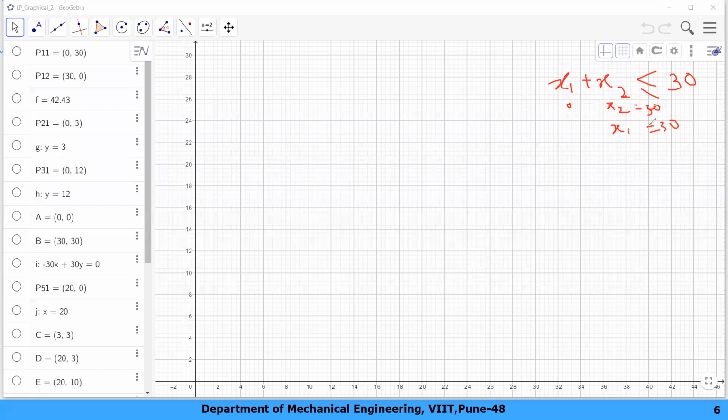So 0 comma 30 and 30 comma 0, these are your 2 points, we will plot them. Then we will draw a line through it. The graph paper is visible to all, I hope, if not please let me know in the chat window. Okay, so you got this line.